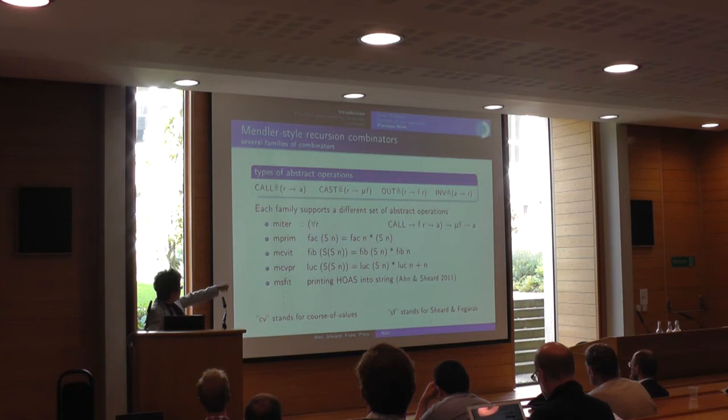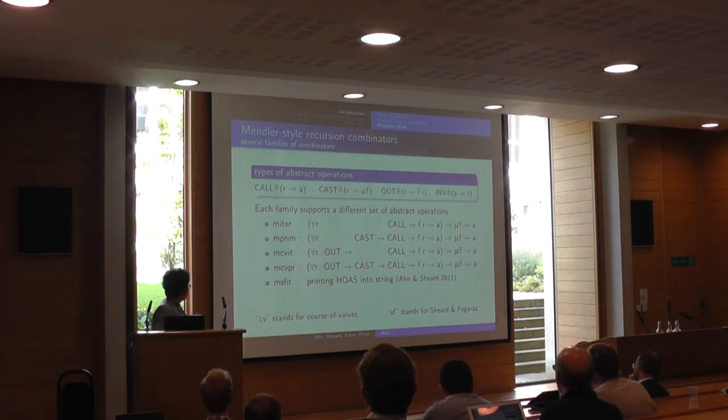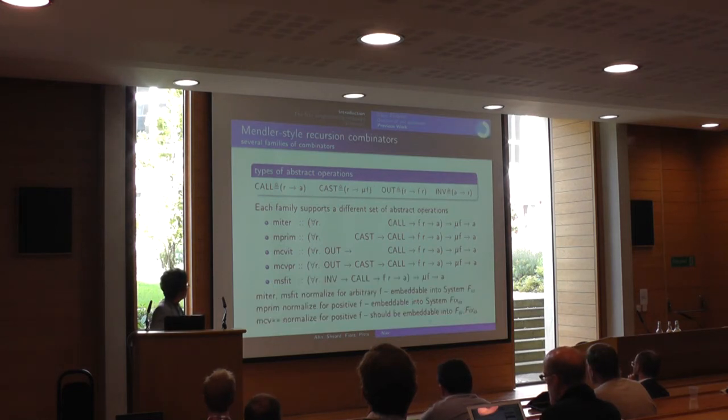So you can do S of n and multiply it. And to do the course of values iteration, you can push in another operator, and to do the course of values primitive recursion, you can put all the operators together, and well, this needs yet another operator.